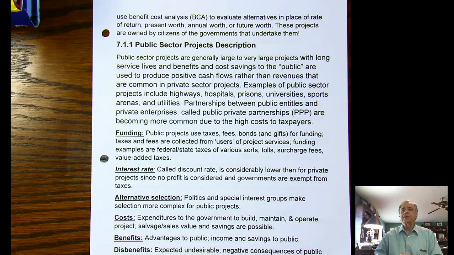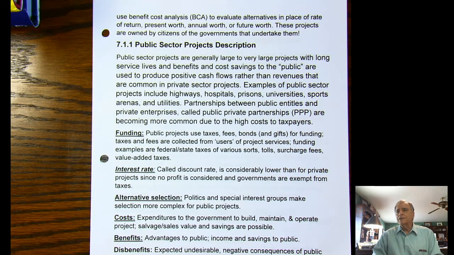For example, building an interstate highway system was a public sector project of the 1950s and a federal project, and it has benefited the entire public of the United States in one way or another for the last 50, 60 years or more.